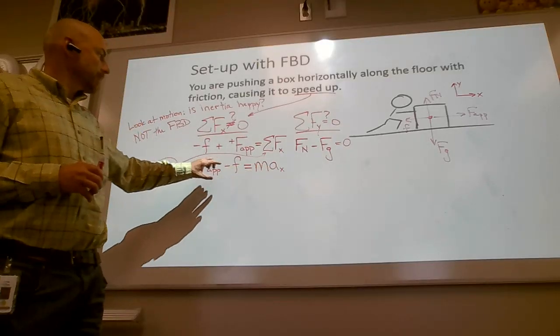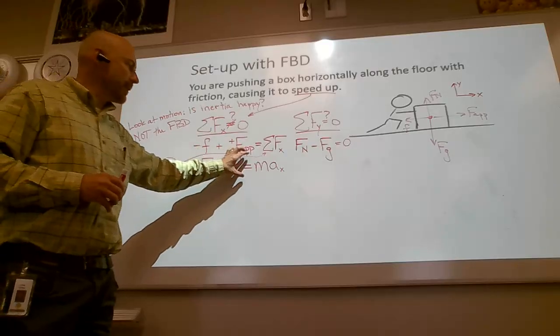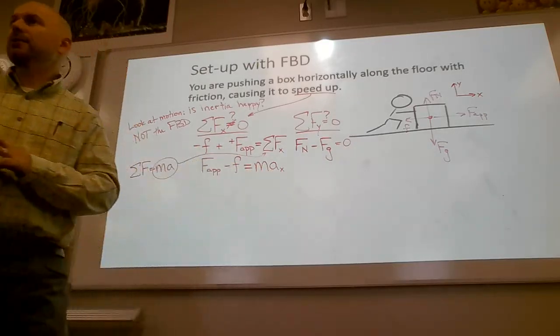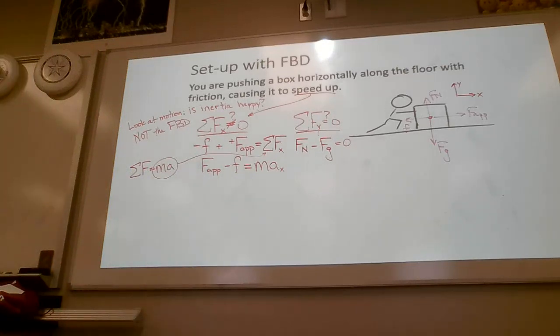Okay? Add up all the forces in that direction and set it up equal to mass times acceleration in that direction. Good with that? And that is your setup. If you can own this process, it will go very well for you.